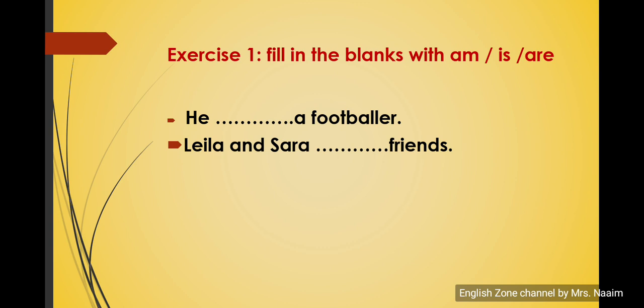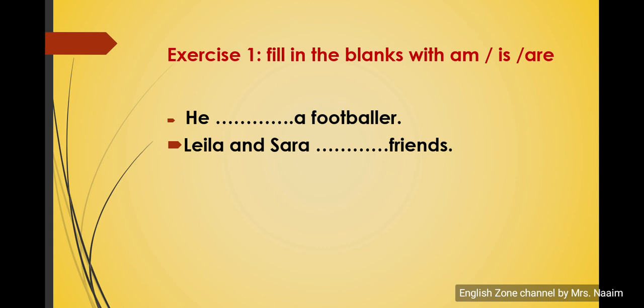Let me give you some time to think about the answer. Excellent job. So the appropriate answer here in this sentence is are. So we say Layla and Sarah are friends. Now, can you tell me why? Can you justify your answer?